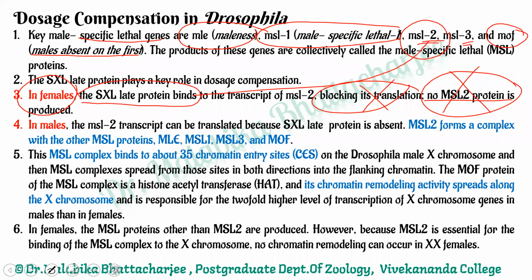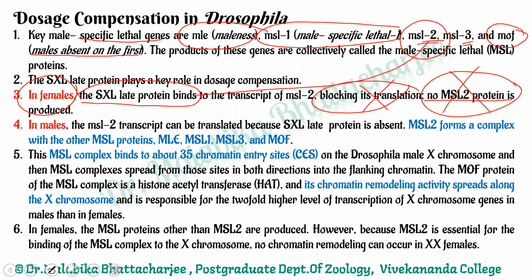As I said in the first point, this is a group of 5 proteins that forms a complex: MLE, MSL1, MSL2, MSL3, and MOF. In case of females, due to the presence of the SXL late protein, the MSL2 RNA is not translated to produce the MSL2 protein.